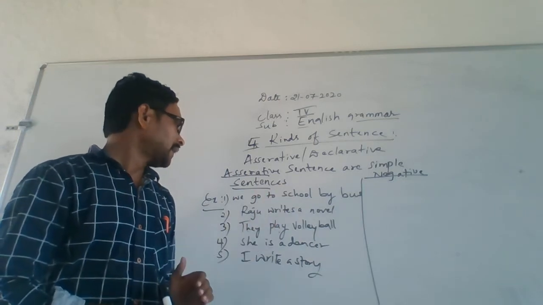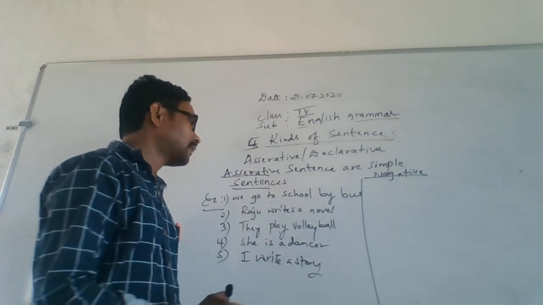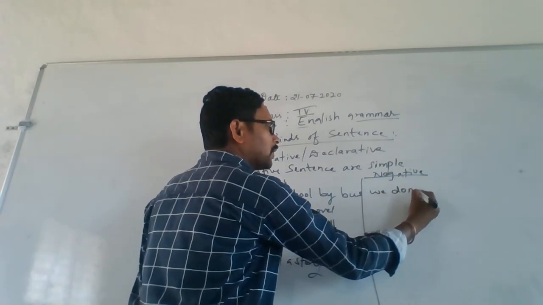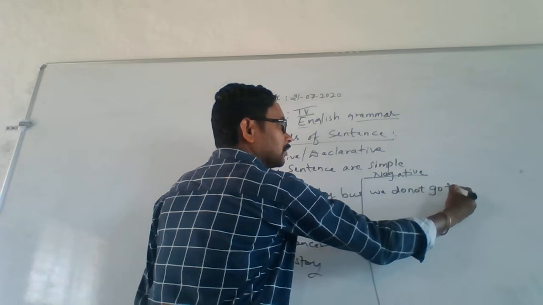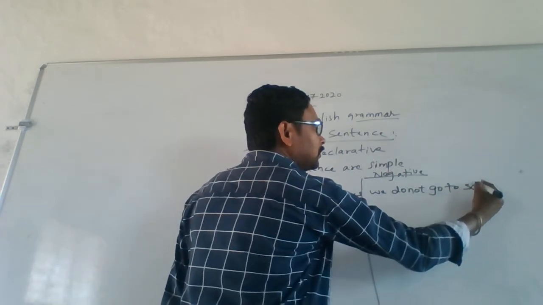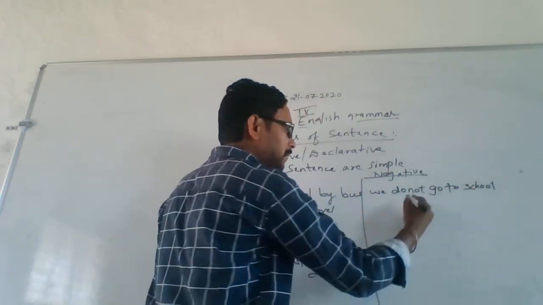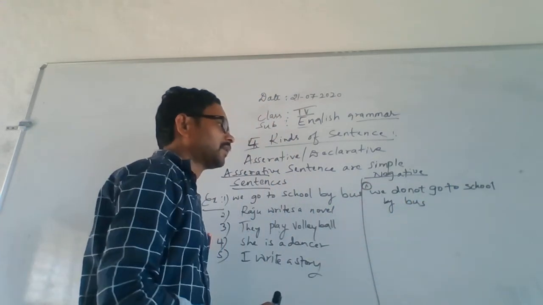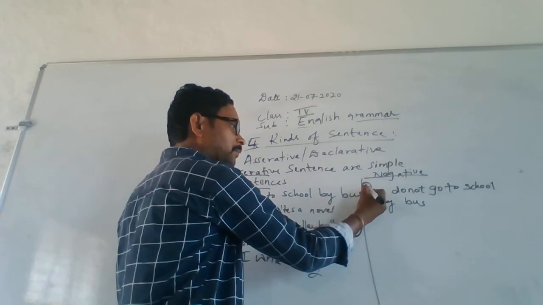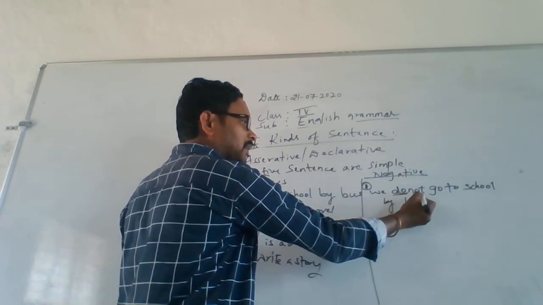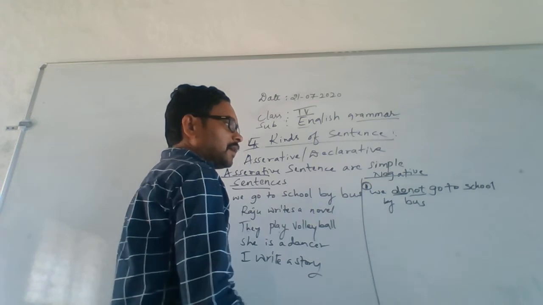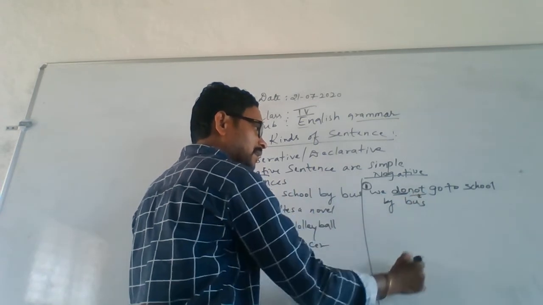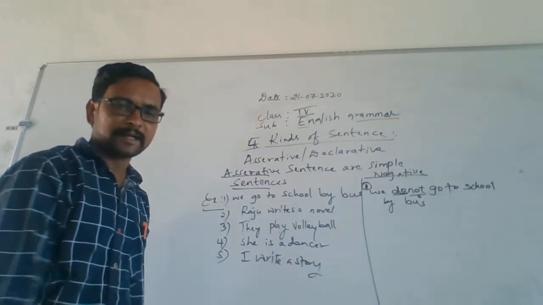So that's like we go to school by bus. How do you make it negative? Tell me. We do not go to school by bus. We do not. What helping verb we have used here? Do. Then what is that? Not. So in the sentence, when we see the not, automatically you try to understand it is a negative sentence.